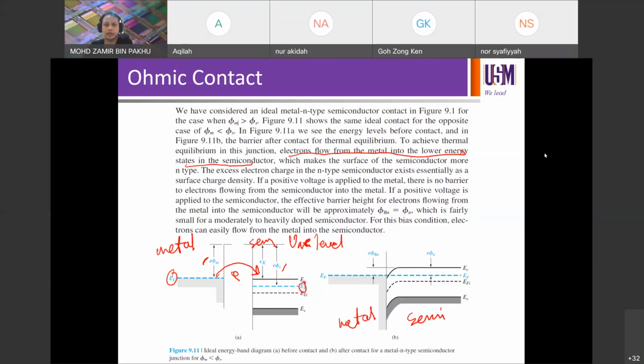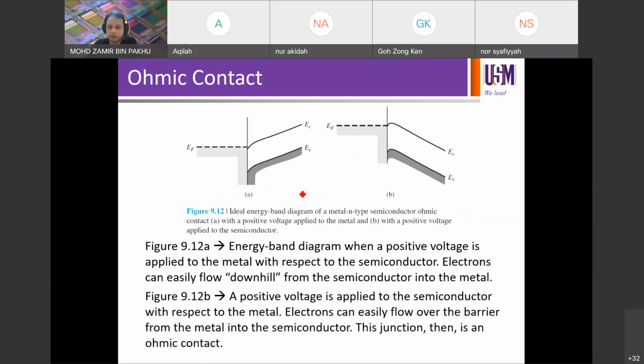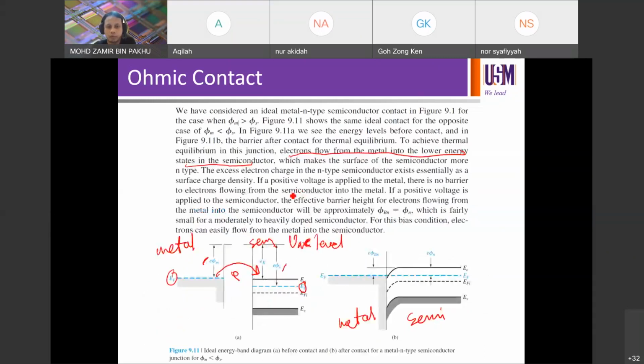So in this case, a positive voltage is applied to the metal, meaning the voltage on the metal is more positive relative to the semiconductor, and the semiconductor is N-type.